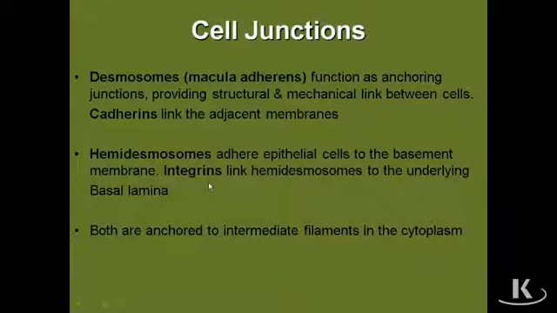And as we know, the cytoskeletal element that's closely associated with a desmosome are intermediate, usually keratin intermediate filaments in the adjacent cytoplasm. And hemidesmosomes, as we said, link epithelial cells to the underlying basement membrane, but instead of utilizing cadherins as their adjoining molecule, they utilize integrins that link hemidesmosomes to the underlying components of that basement membrane.